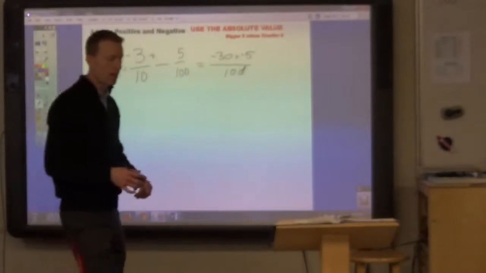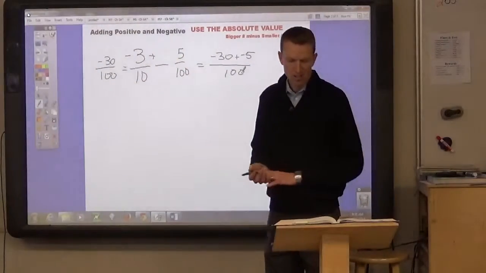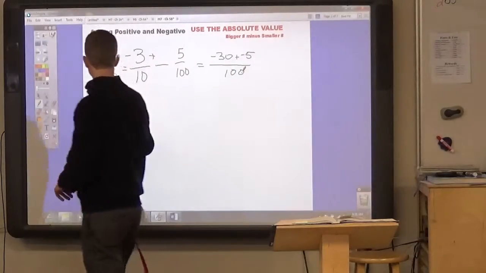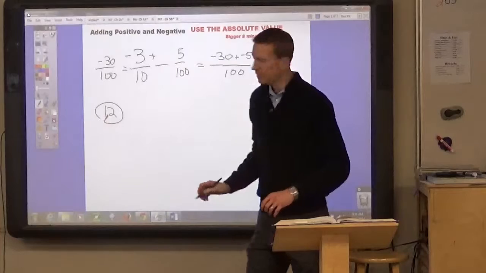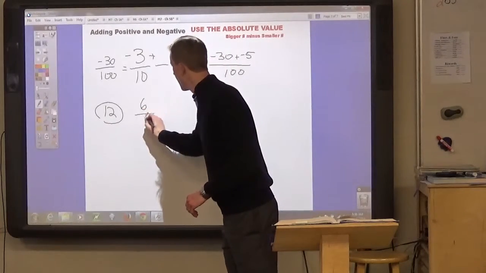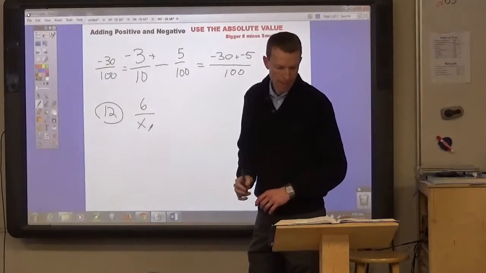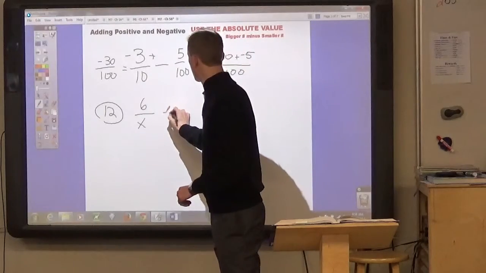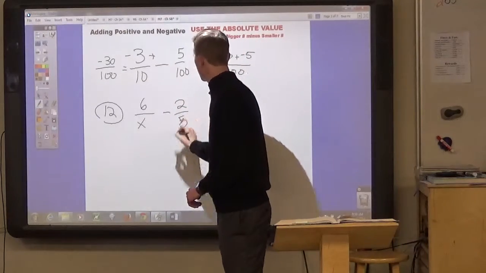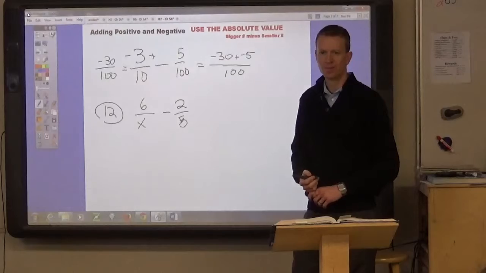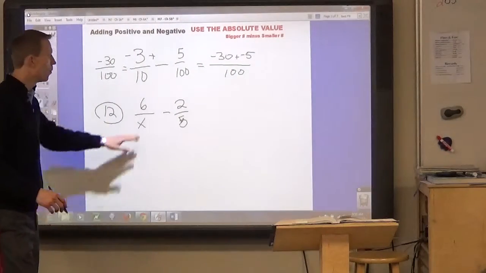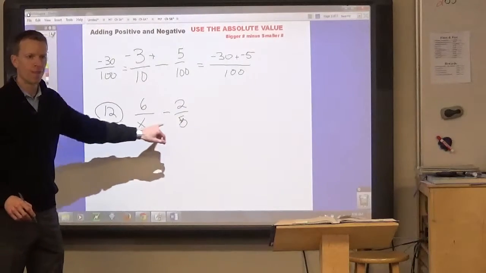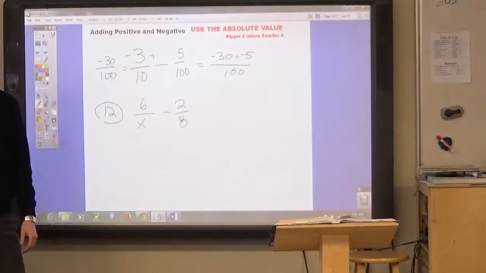One more example I want to cover with you. This is number 12. 6 over x and negative 2/5. Now, how would we find a common multiple of 5 and x?